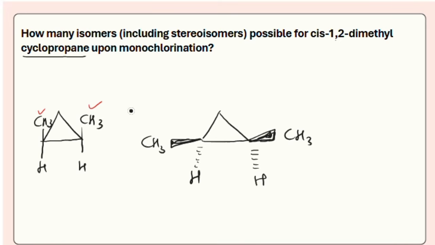So both the structures are the same. Whether you do monochlorination for this or this, you are going to get the same number of isomers. So how to do it when you write the structures in a different way? For both the representations, I am going to do the monochlorination and help you identify the number of stereoisomers.